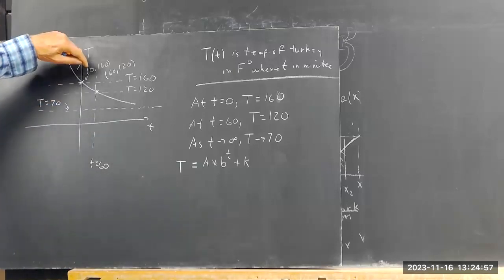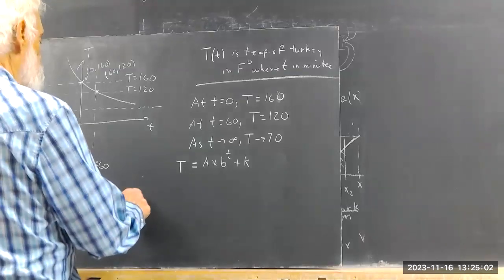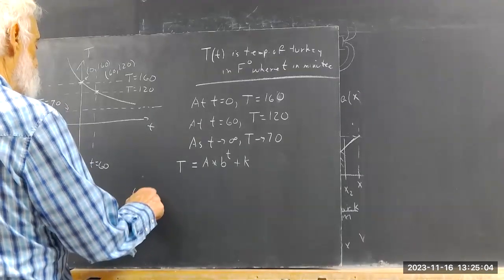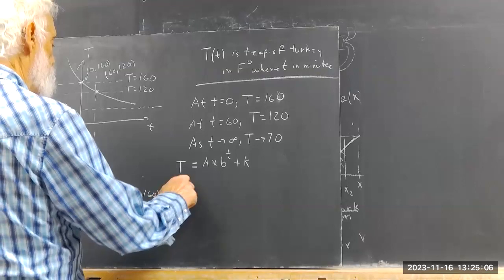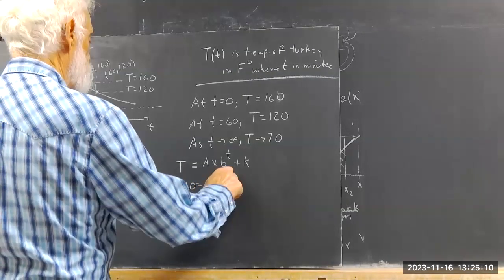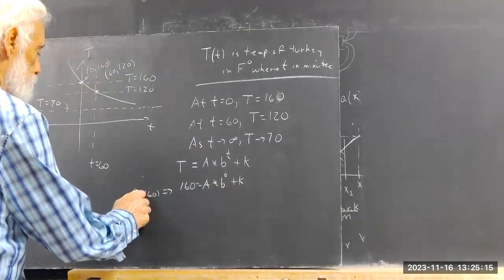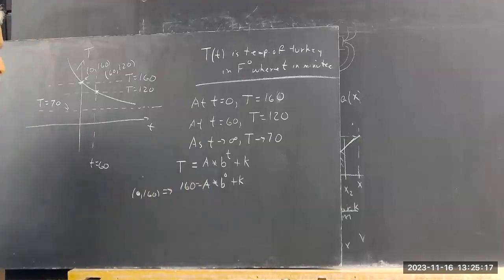Okay, we're plugging in 0 for little t and 160 for big T. So the point (0, 160) goes into this equation.